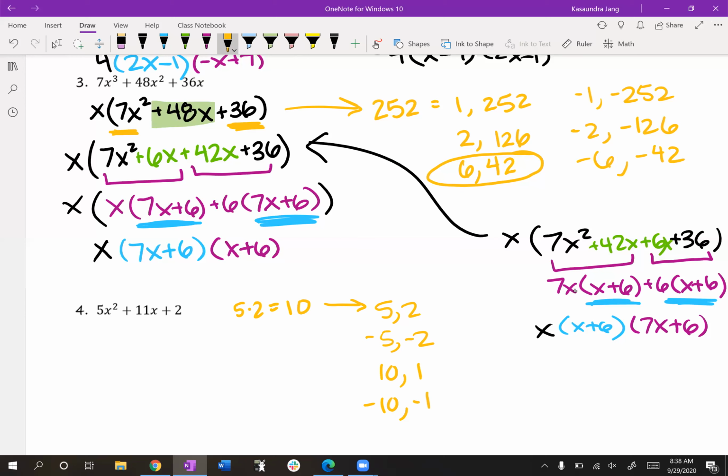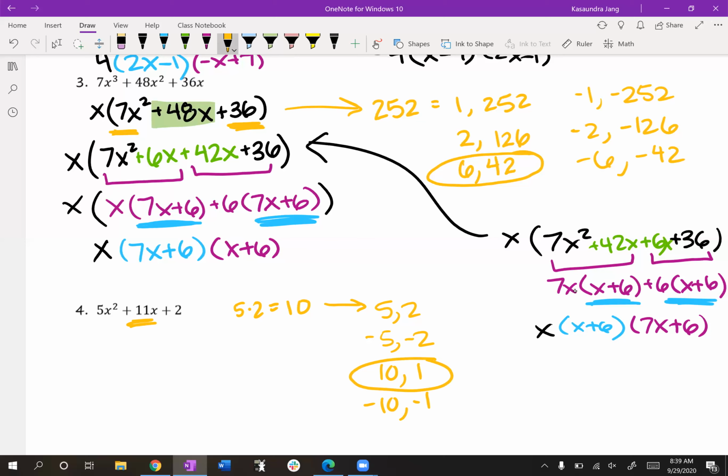Which of these add up to the b value? Which ones add up to a positive 11? Yeah, 4 options here, people. What are you going with, William? The 10 and the 1. Okay, I'm trying to add up to that middle.